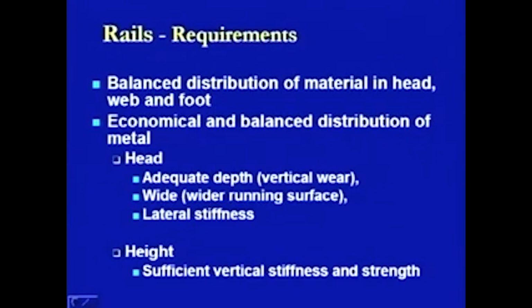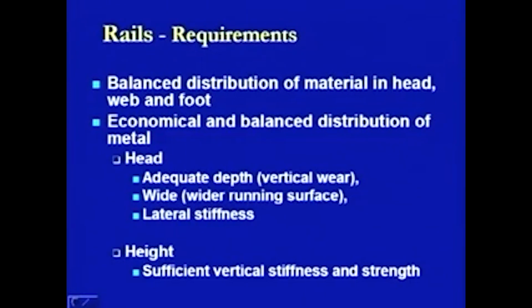Another thing is that it should be wide enough so that the running surfaces of the wheels have sufficient movement over the top of it. And lateral stiffness obviously has to be there, because the flanges are hitting the side of the rail head, and when they are hitting the side of the rail head, the stiffness has to be there. If that is not there, it will break down at the point of contact of the head with the web.